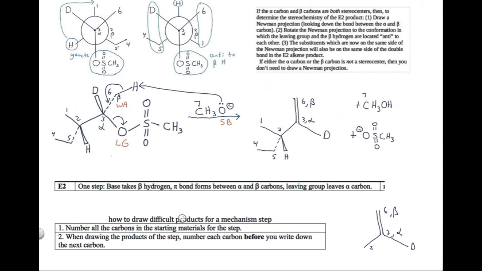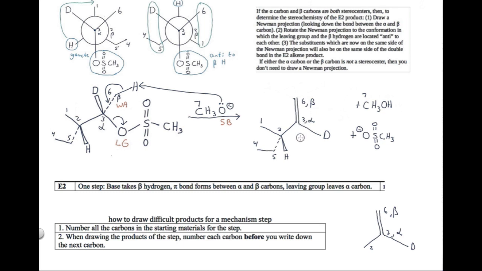So when you're drawing a difficult product, draw the product one atom at a time and number each carbon before you write down the next carbon. It might help to start with the functional group, start with the alkene, and then gradually show what are the 4 substituents that are attached to the alkene. Most important, take your time and double check yourself.